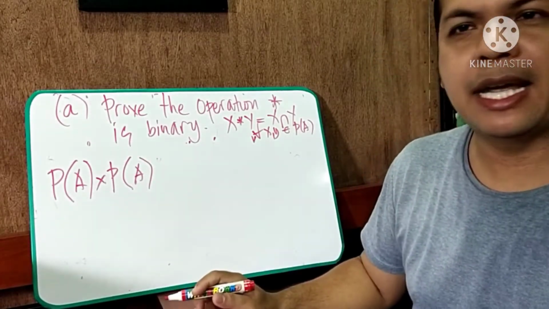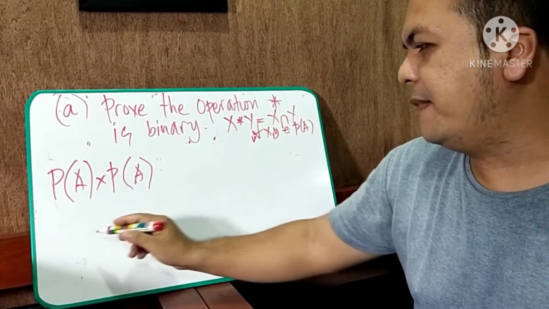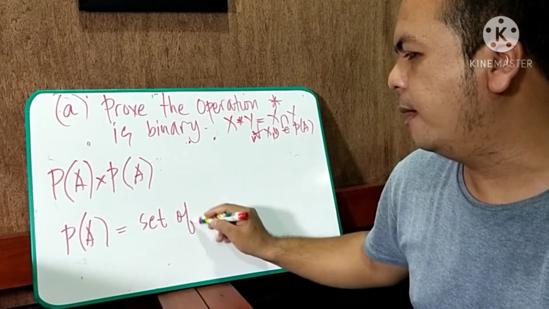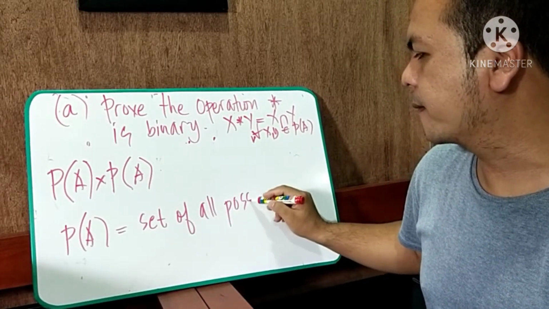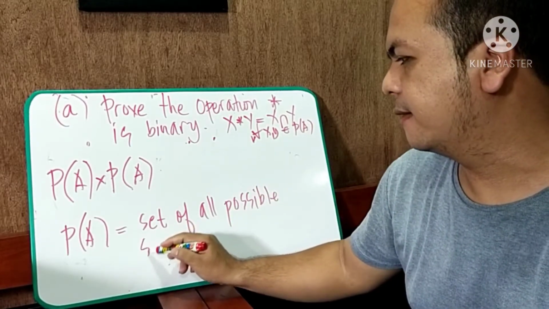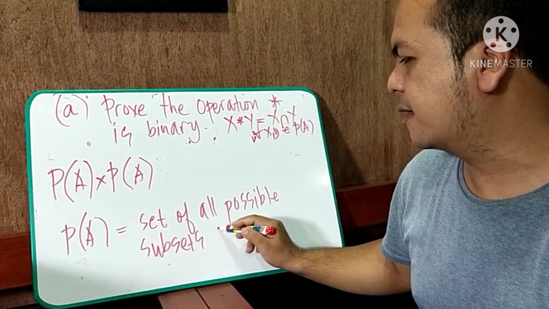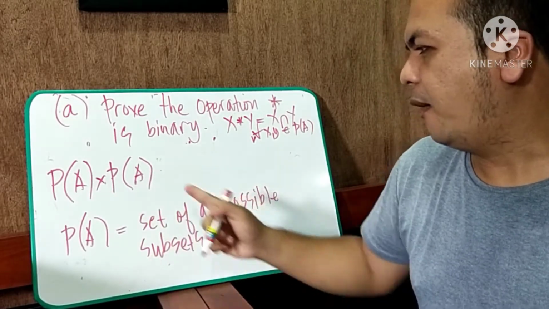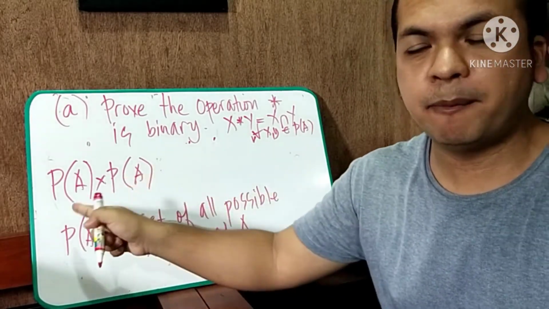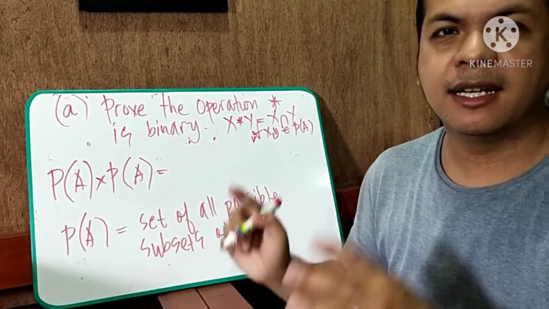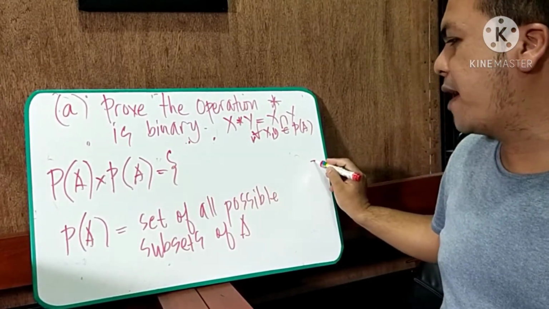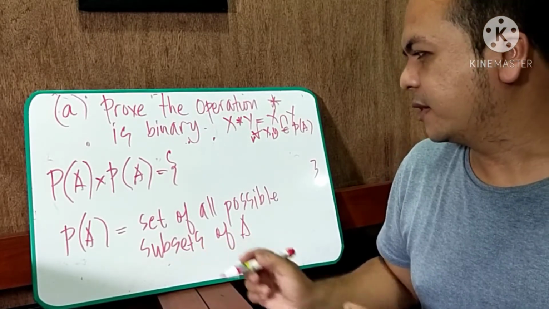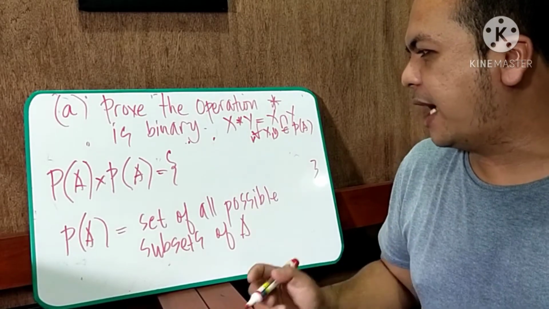P of A times P of A. So, alam natin na yung P of A is the set of all possible subsets of A. Now, of course, pag kinuha mo yung kanilang cross product ng P of A to itself, it will be a set of ordered pairs involving the set of all possible subsets of A.